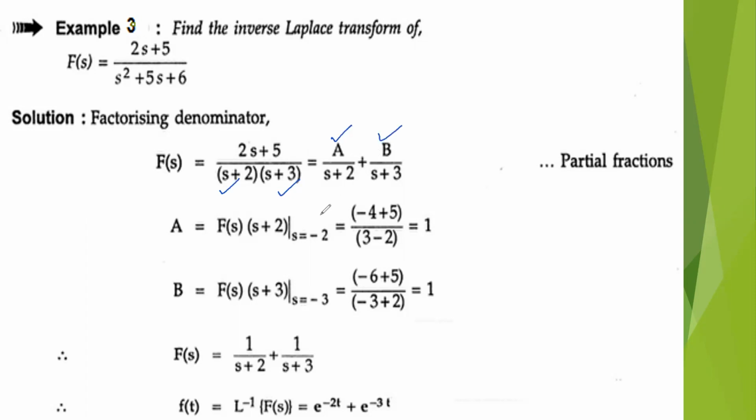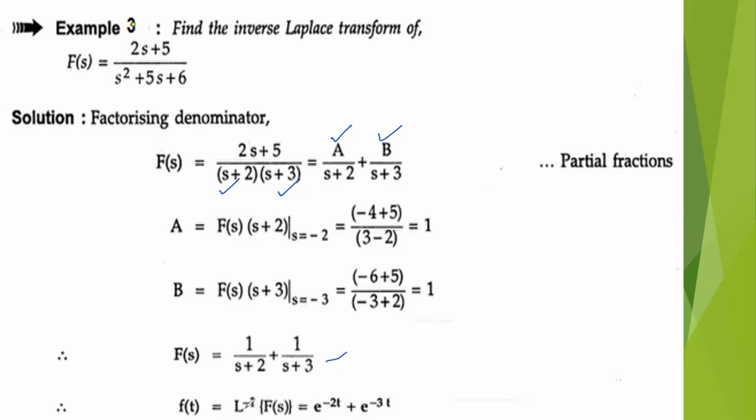If we put s equals minus 3, we get a value of 1. If we put s equals minus 2, we get A as 1, and for s equals minus 3, B is 1. Therefore, the function 2s plus 5 divided by s plus 2 into s plus 3 is written as 1 by s plus 2 plus 1 by s plus 3.